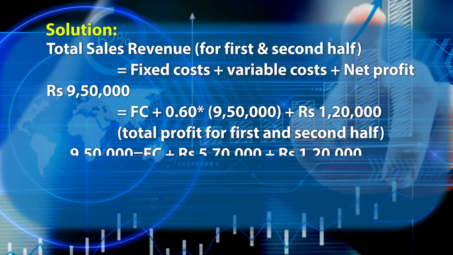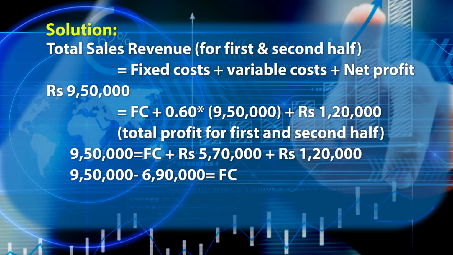So 9,50,000 is equal to fixed cost plus rupees 5,70,000 plus rupees 1,20,000. 9,50,000 minus 6,90,000 will be equal to fixed cost. So, fixed cost is 2,60,000.